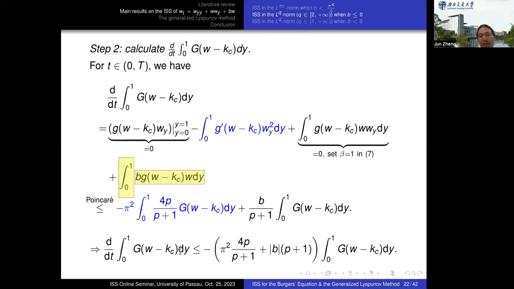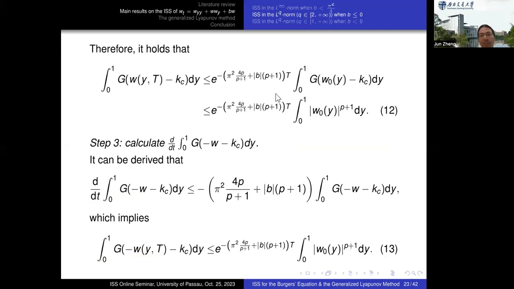Then, by using the comparison principle or solving this differential equality directly, we can find that this functional has an exponential decay rate that is given by this estimate. From this to this one, we applied the properties of capital G.